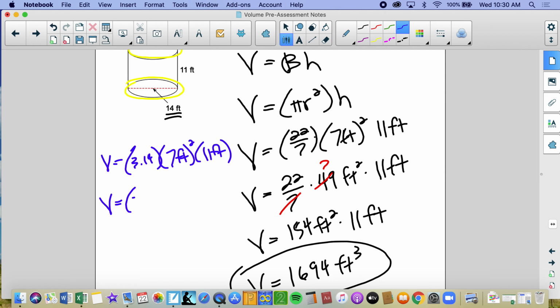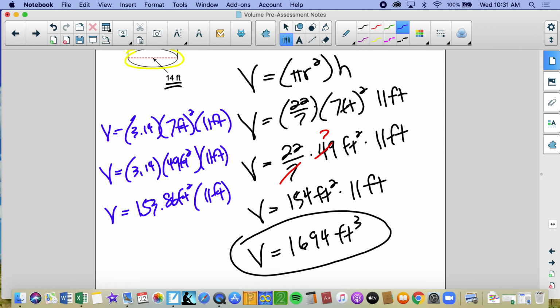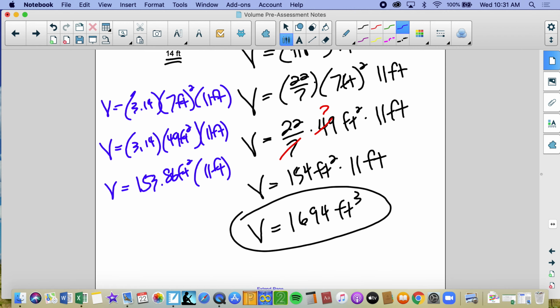So we're going to get 3.14 times 49 feet squared times 11 feet. 49 times 3.14 gives me 153.86 feet squared times 11 feet.